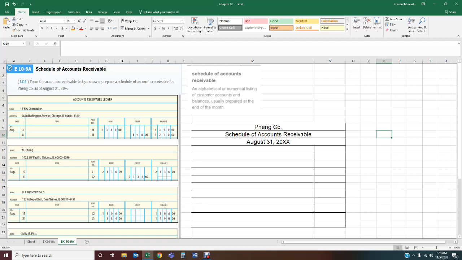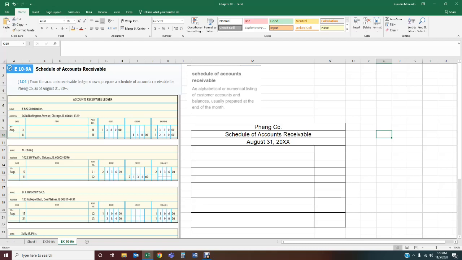This is coming straight from your ebook. A schedule of accounts receivable is basically an alphabetical or numerical listing of customer accounts and balances, and it's usually prepared at the end of the month. Now, it's either alphabetically ordered or numerically organized. In this case, we are not provided with an account number.